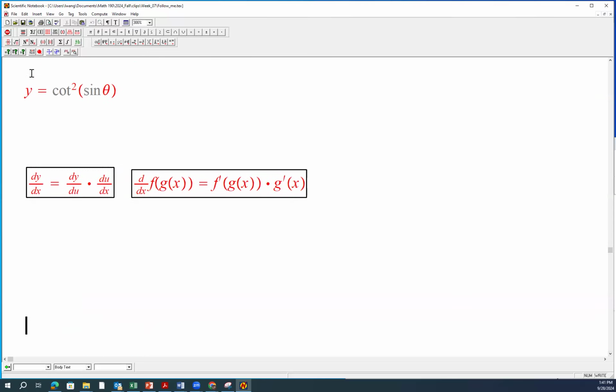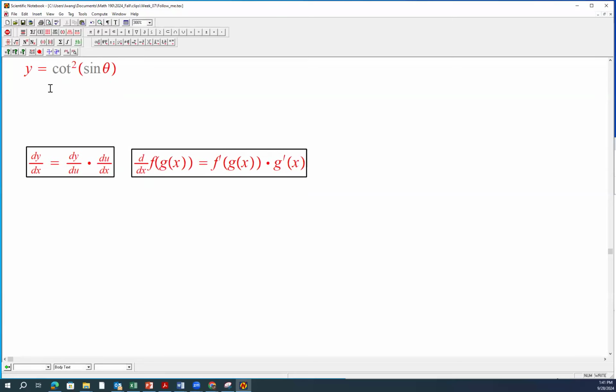Cosine, a cotangent squared. Okay, I'm going to put a note here just in case anyone doesn't know. When we write a cotangent squared of something, whatever it is, it means the cotangent of omega multiplied by itself.